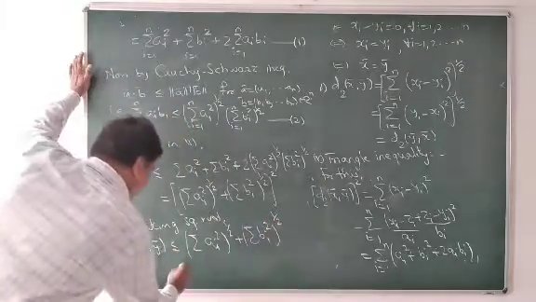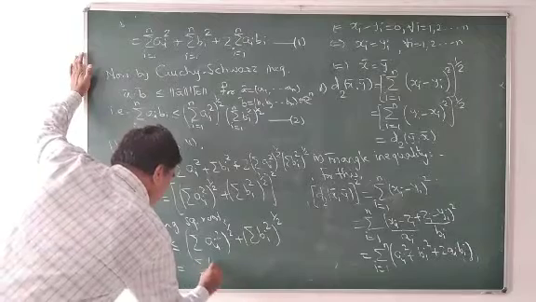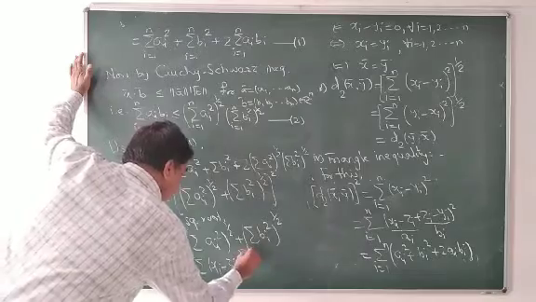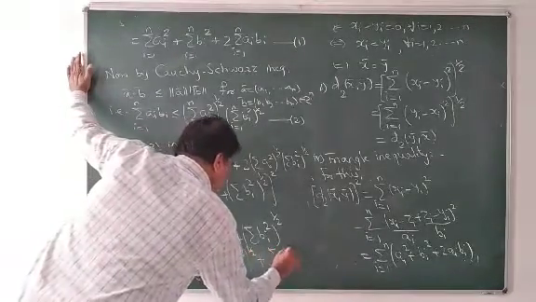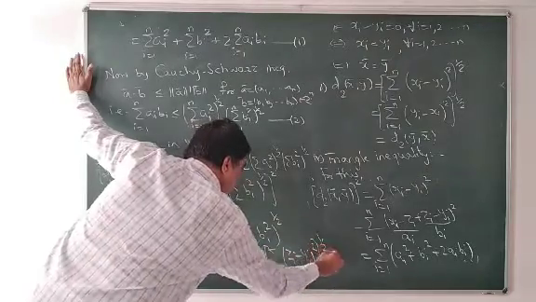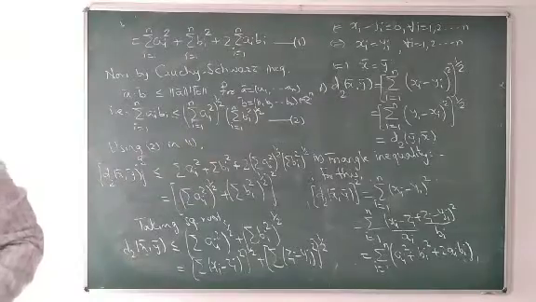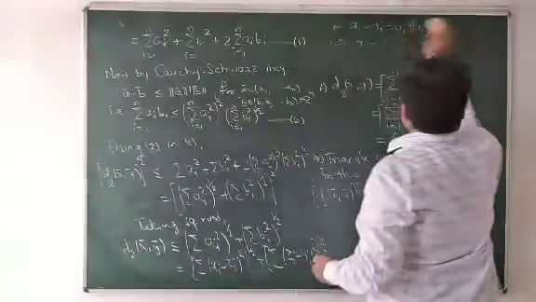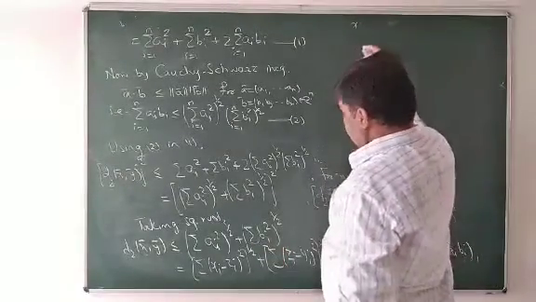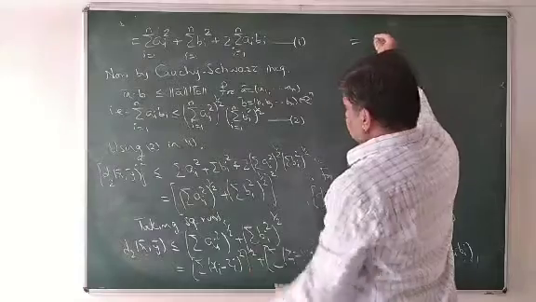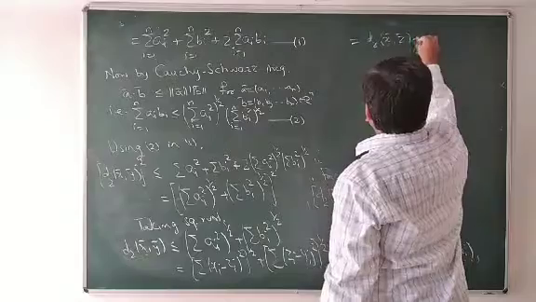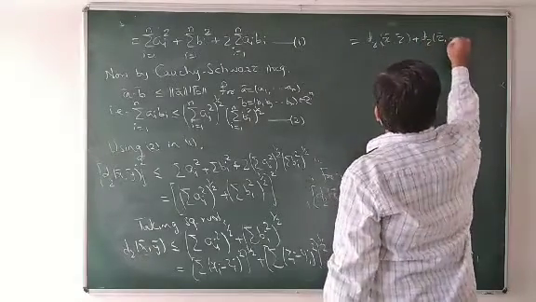Again resubstituting the values, this is equal to summation of xi minus zi its square raised to half plus summation of zi minus yi its square raised to half, which is equal to, by definition of d2, d2 of x bar z bar plus d2 of z bar y bar.